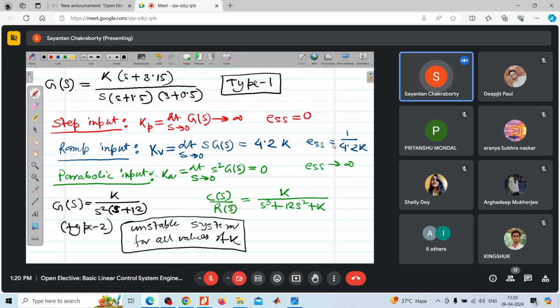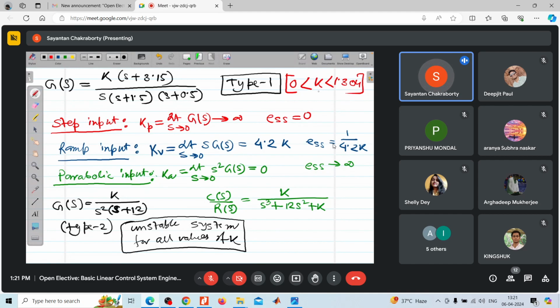Since it's a third order equation, it will be very cumbersome. We have to calculate the roots repeatedly, and it will be a very lengthy process. And again, in this previous case, this entire analysis is only valid for this range of K.